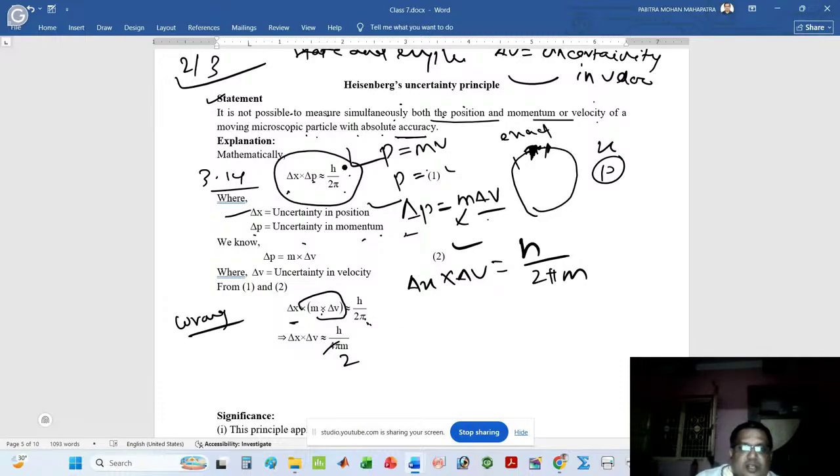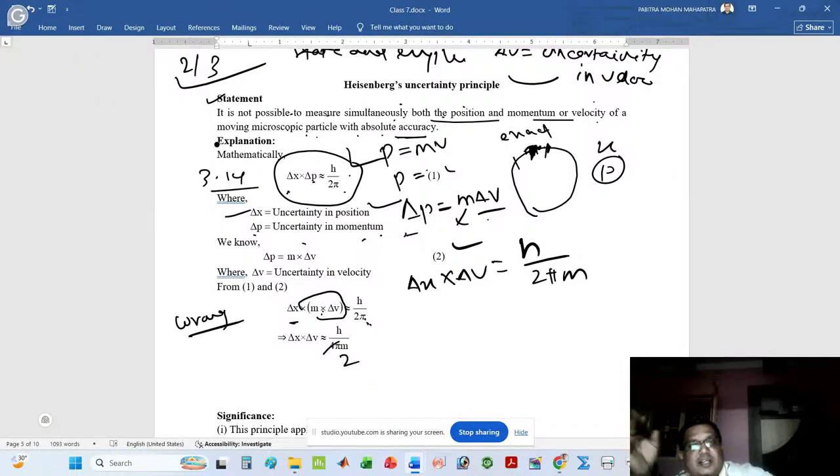So this is the statement and explanation of Heisenberg's uncertainty principle. Again, I want to state it. Simply remember, simultaneously you cannot measure position and momentum or velocity exactly. There must be some small error.